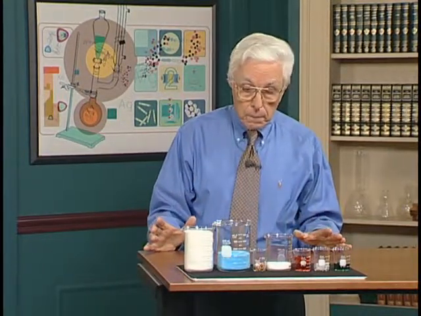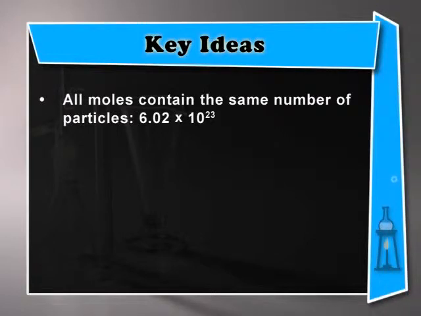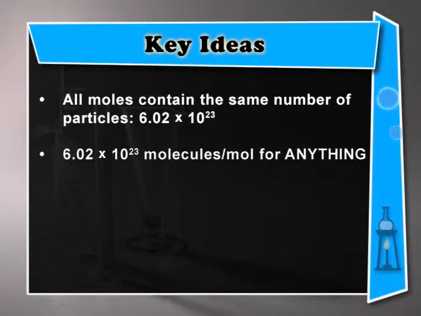Now, in working all mole problems, there are 2 absolutely key ideas. All moles contain the same number of particles, 6.02 times 10 to the 23rd. There are 6.02 times 10 to the 23rd molecules per mole for anything, just like all dozens contain 12.